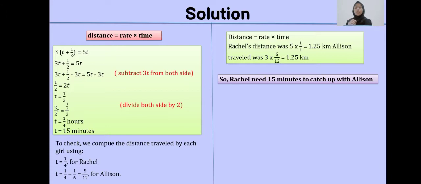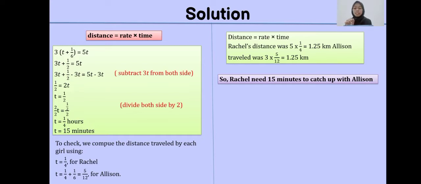All we need to do is multiply the 3 into the number or variable in the parentheses. So 3 times t is 3t, and 3 times 1/6 is 1/2, because 3 divided by 6 is 1/2.